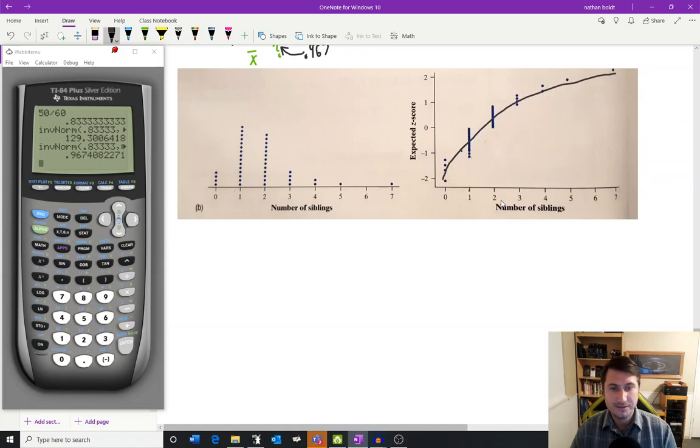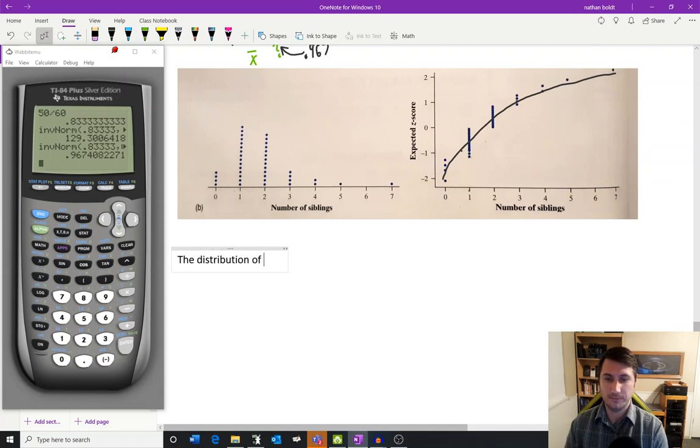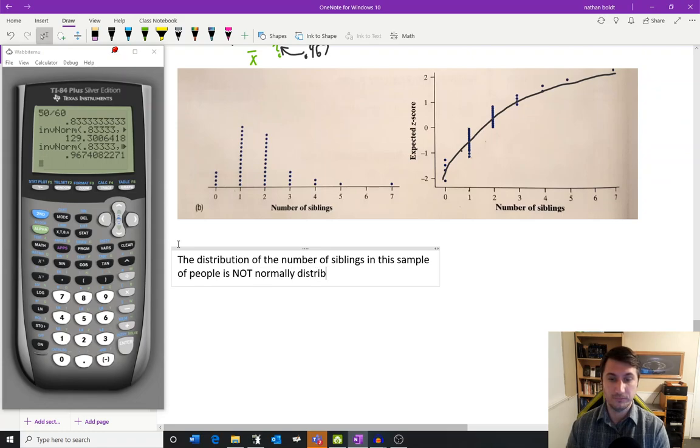It is not linear. So we would say that the distribution of the number of siblings in this sample of people is not normally distributed because the normal probability plot is not linear.